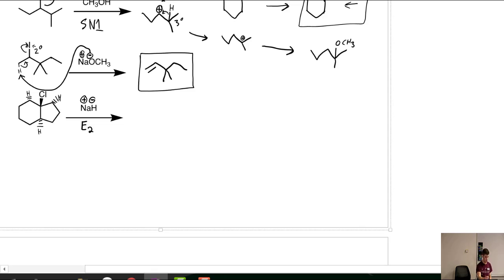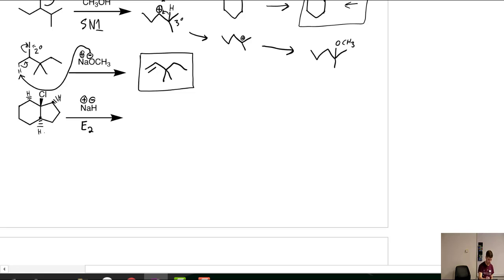Well, that would make our alkene here, and that would be trisubstituted. If we took this one here, it would be trisubstituted as well. So the other one was making disubstituted.